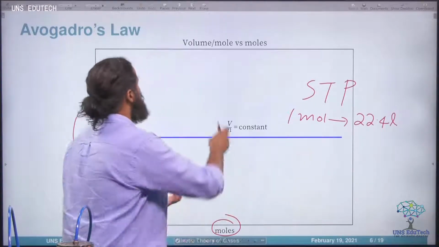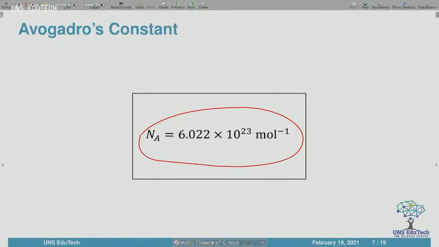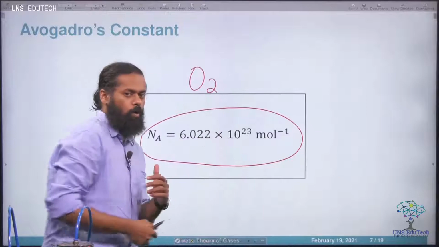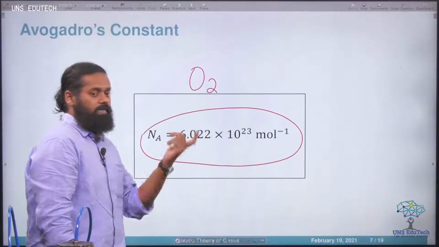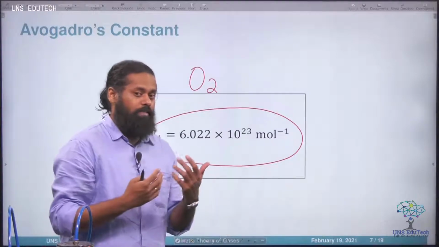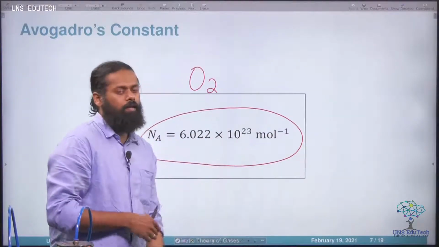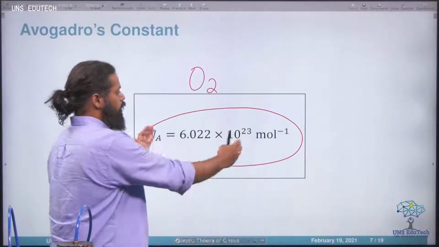If you have this many molecules of a species, for example oxygen, if your sample has this many O2 molecules, then we can say it is 1 mole. So 1 mole of a species has 6.022 times 10 to the power 23 molecules, or this many molecules per mole.